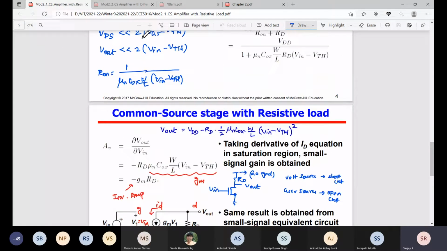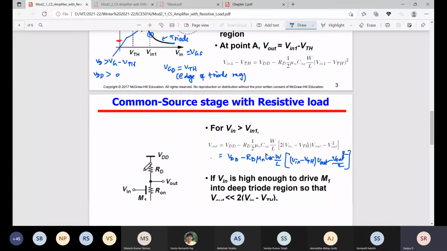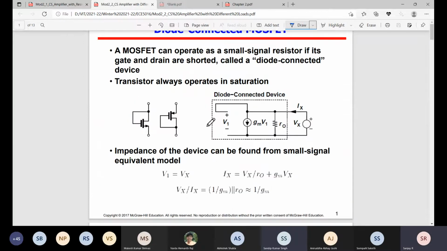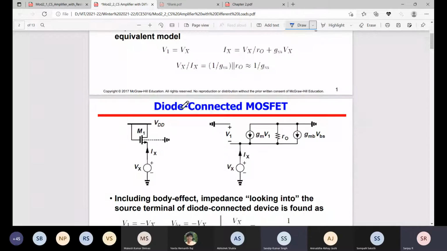So now, in the last class we discussed the common source amplifier with resistive load. Now we'll consider different loads. Instead of resistive load, we will consider other loads. So first we'll start from, okay, it's not coming here. So I will show the common source amplifier with diode connected load, diode connected MOSFET load.